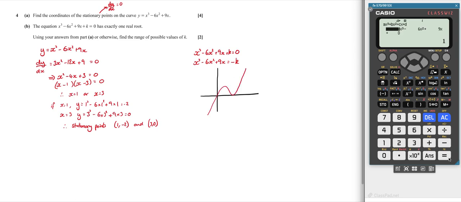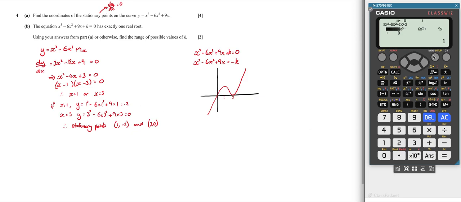And then it's going to do that. So we have got then, that's 3. We've got 1 minus 2. Let's just double check that, because that can't be right. So let's just check what that stationary point's coordinates are.